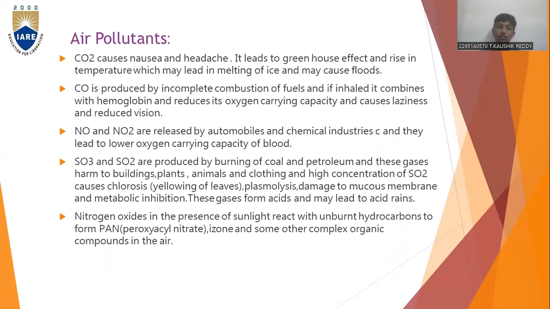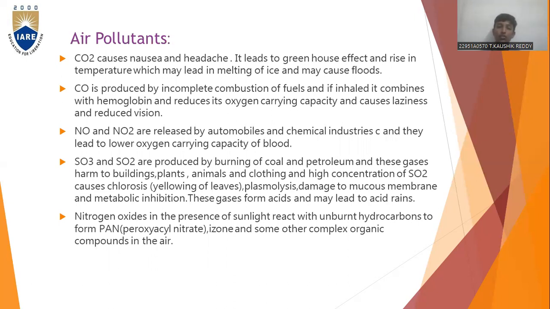Carbon monoxide is produced by incomplete combustion of fuels, and if inhaled, it combines with hemoglobin and reduces its oxygen carrying capacity and causes sleepiness and reduced vision. NO and NO2 are released by automobiles and chemical industries, and they lead to lower oxygen carrying capacity of blood.